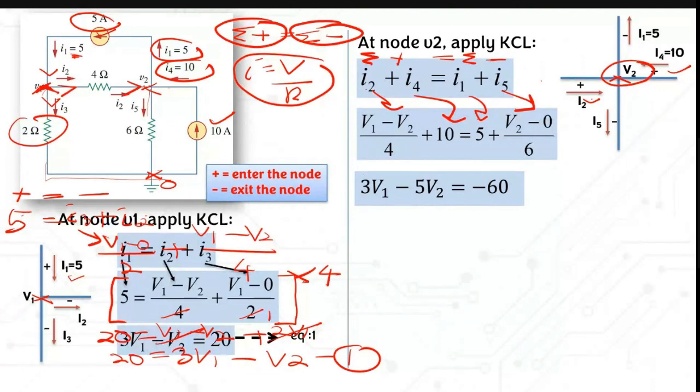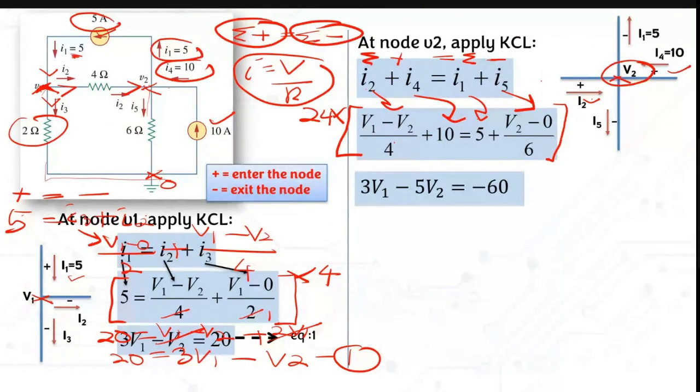And this one is the same as this one. You need to simplify this equation in order to have the simultaneous equations, right? In order to simplify this, you multiply by 24, and you can have these equations.